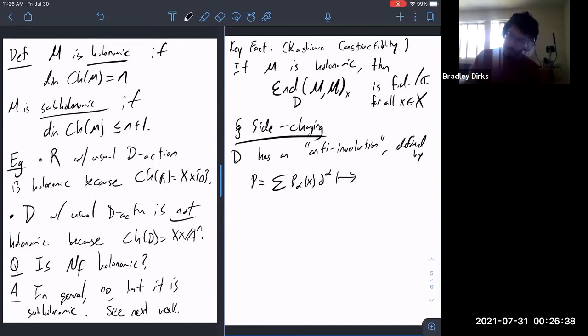This should map to, so we switch the order of them and we also negate the differential operators. This is for all alphas in this index set, and this is just a finite sum. I'm going to denote this one by P to the T.